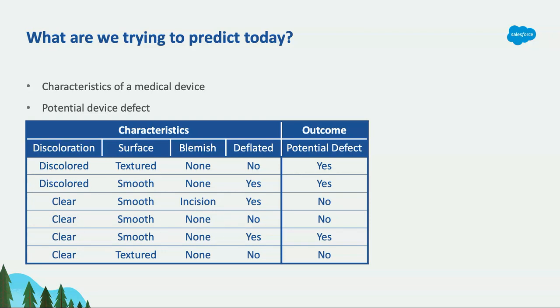Let's skip down to, let's say it's a clear device, has a smooth texture, but it has an incision. Any guesses? Well, I told you, it's definitely not a defective device. Why is that? Because we know it has an incision, and if a device has an incision, it is likely caused by a surgeon. So we would consider it not a defective device.